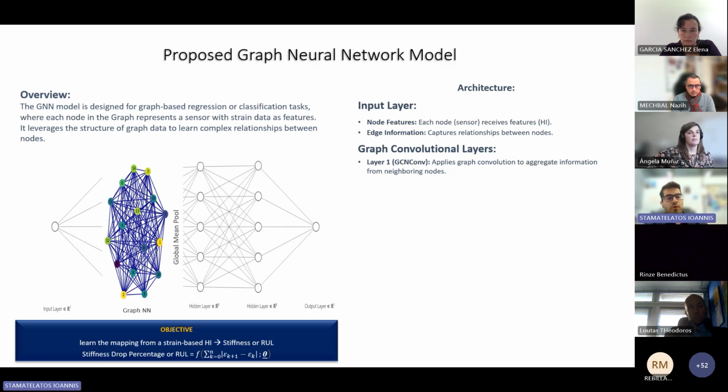So we converted the problem to a regression task, and particularly a graph regression task, where imagine that in each time step, the state of the graph neural network at that particular time step is mapped to a specific value, either a stiffness value or a remaining useful life value.